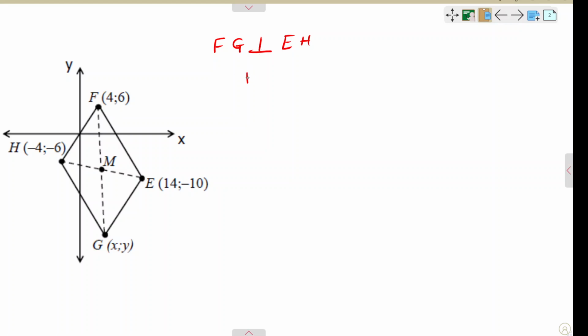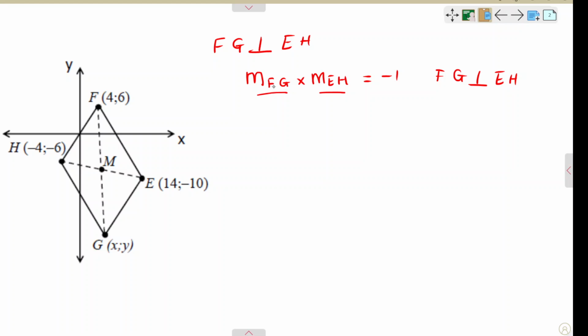If you multiply the gradient of FG by the gradient of EH and your answer is -1, that means FG is proven to be perpendicular to EH.